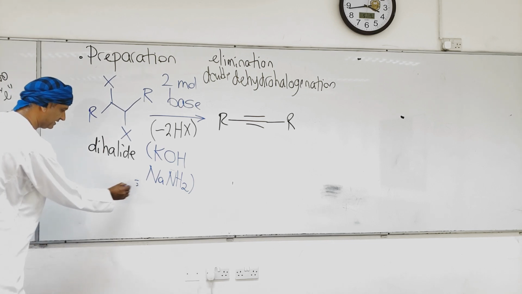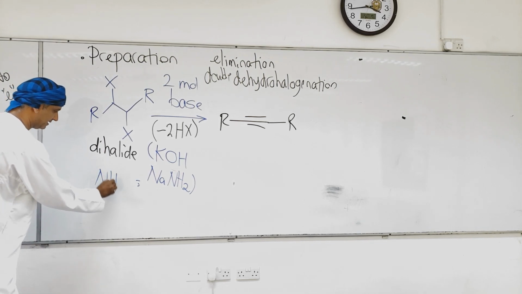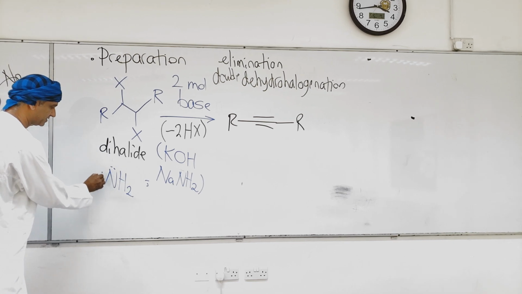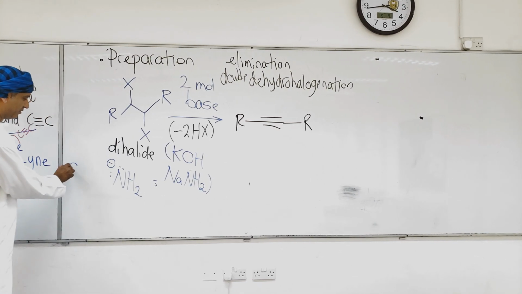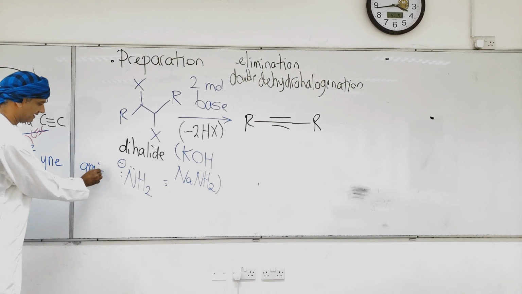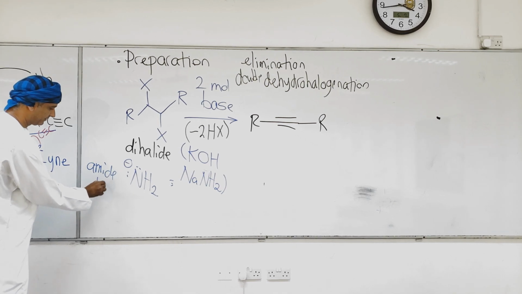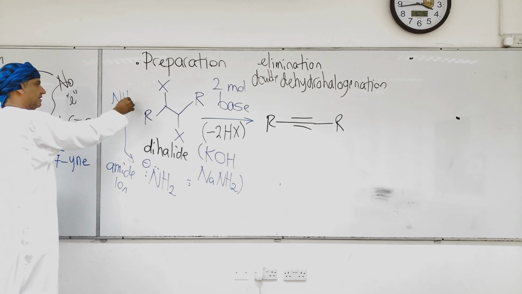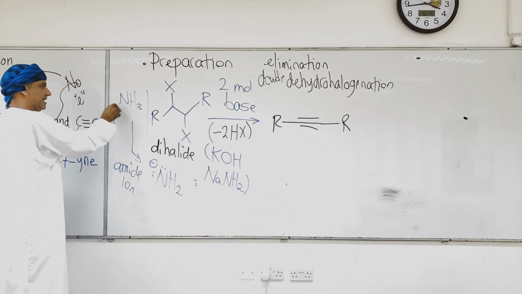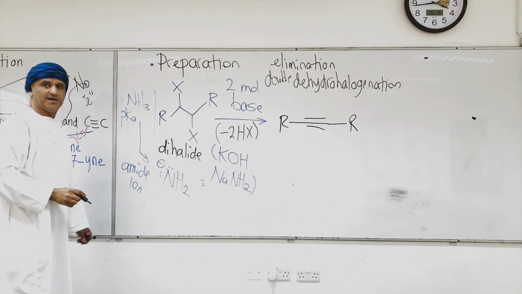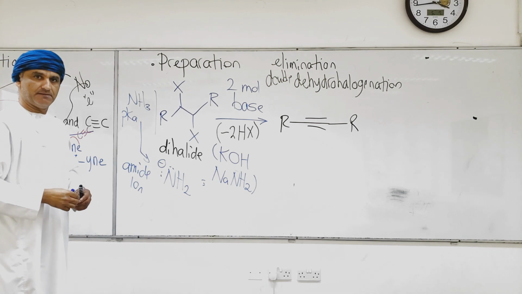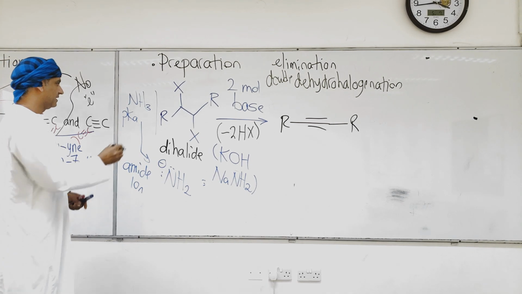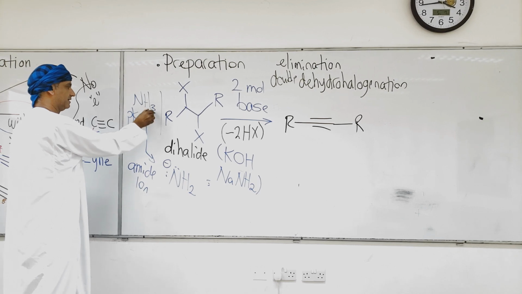This is effectively the amide ion, and the amide ion comes from ammonia. Ammonia is a weak acid, of course, with a pKa of, as you can guess or remember, 36.